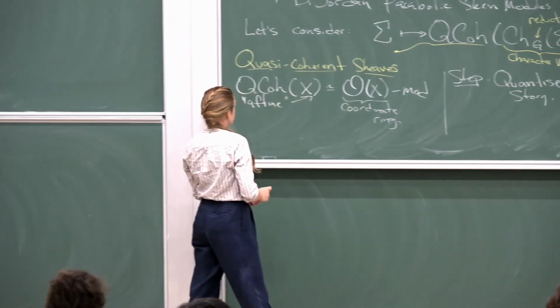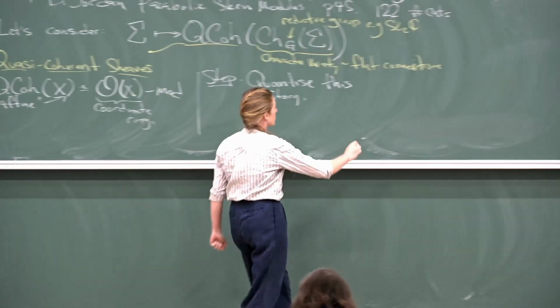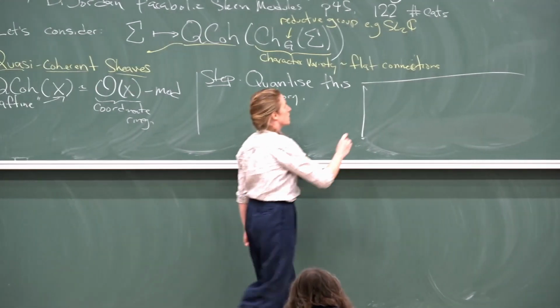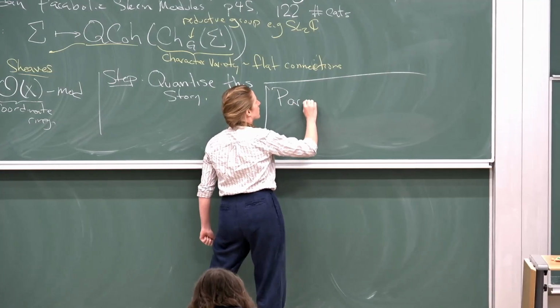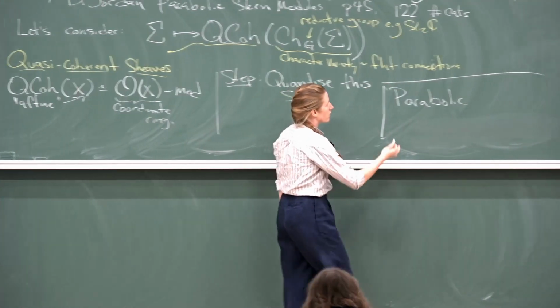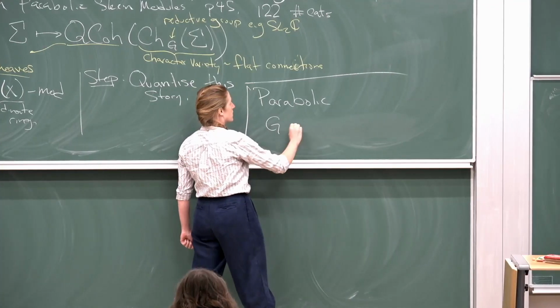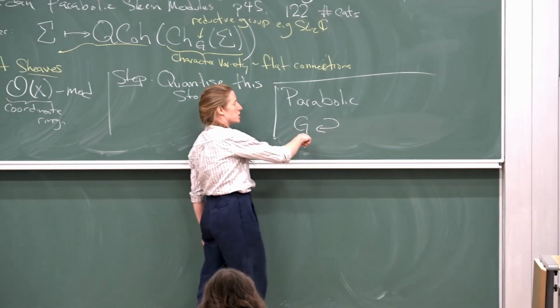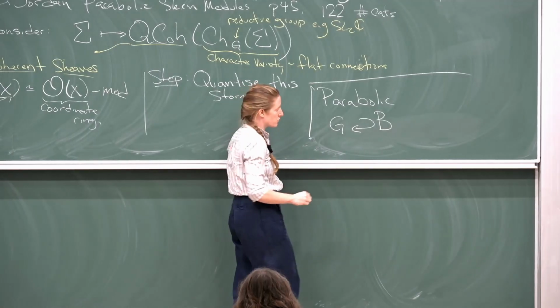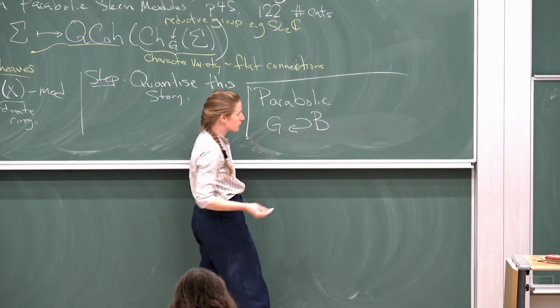Okay. And before I move on, maybe there's the most mysterious word in the title. For some of us, it will be parabolic. For others, it will be the most familiar word. And so what's going on with this parabolic, this will show up later, is I take my group G. I will fix some parabolic subgroup, or say a Borel subgroup here. You should think upper triangular matrices.